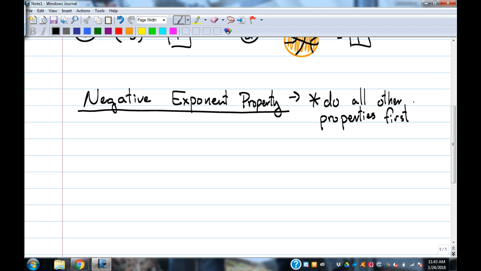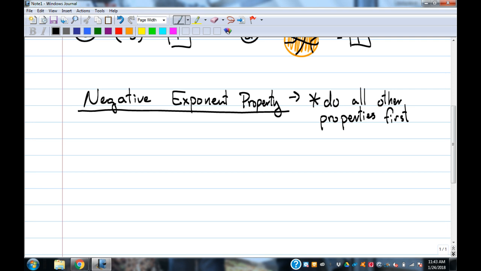So work everything else before you start fixing the negative exponents. What we want to do is end up with all our answers having positive exponents. So if there's a negative exponent in the beginning, we're going to have to fix it.